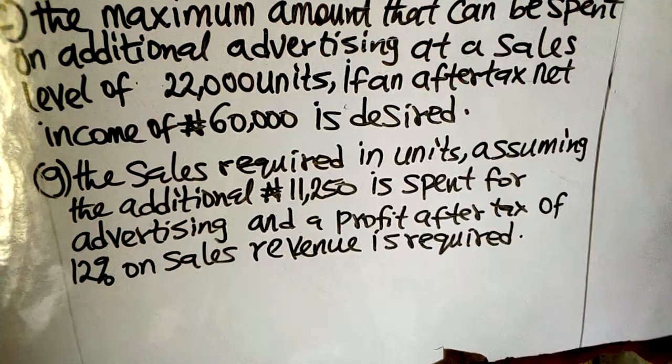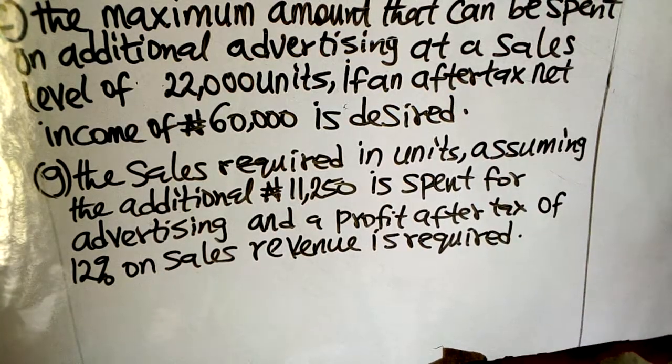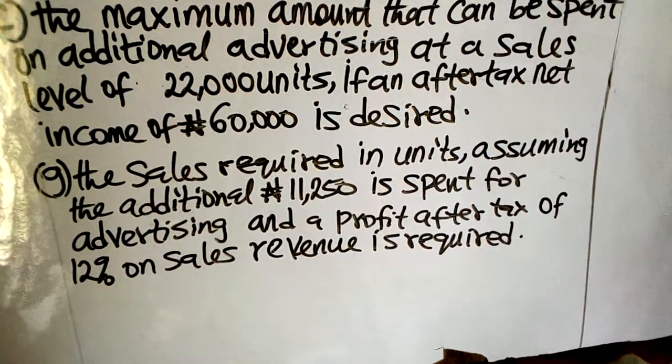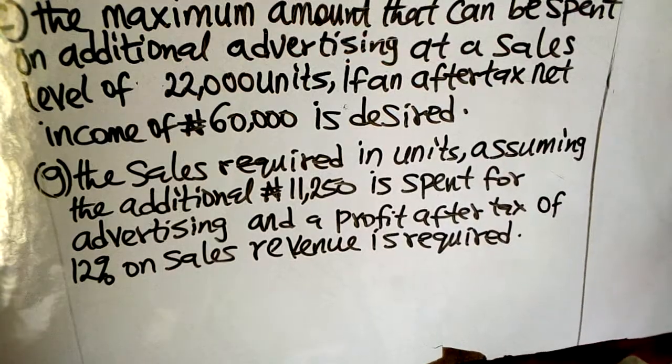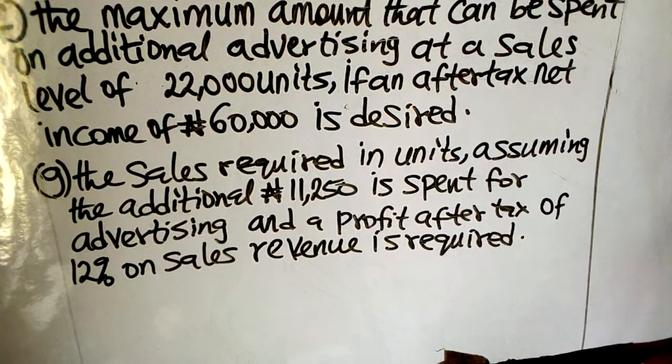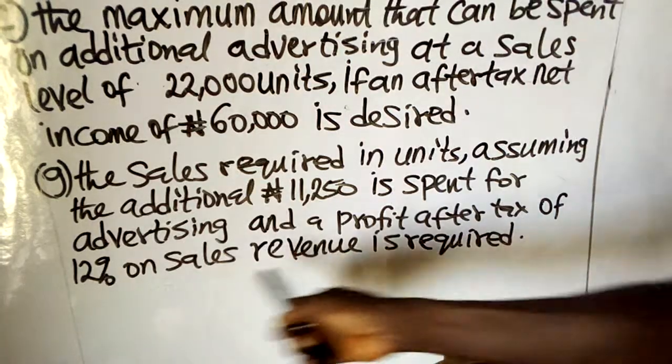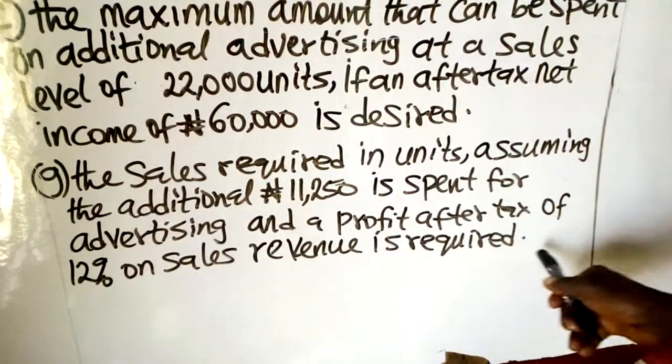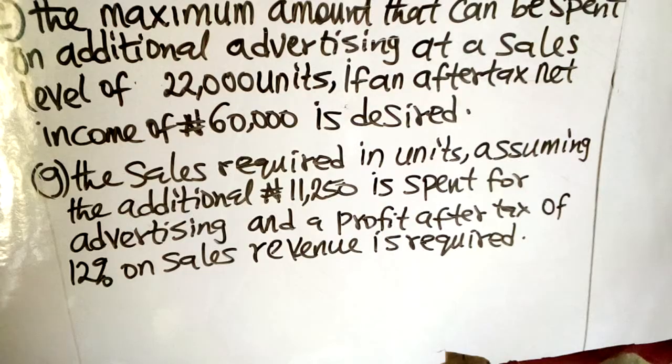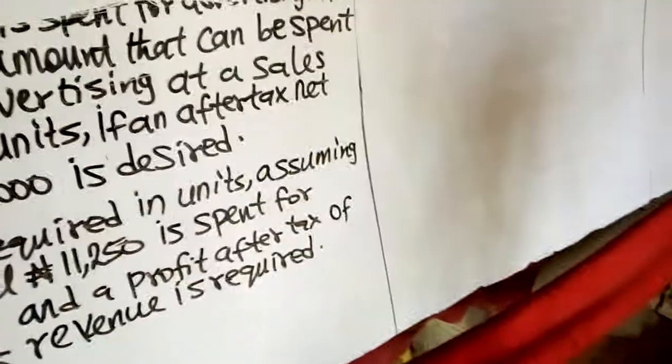Now, requirement G. The sales required in units, assuming an additional 11,250 is spent for advertising and a profit after tax of 12% on sales revenue is required. That is G.